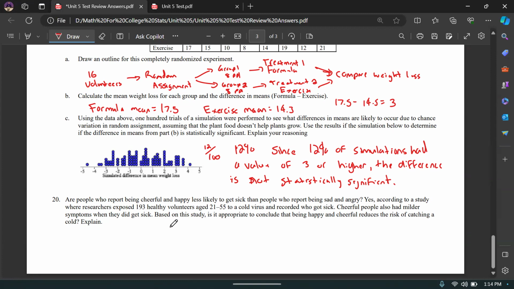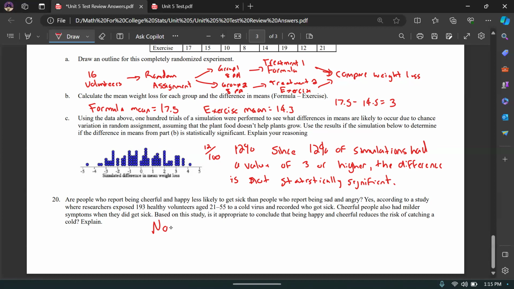Well, no. And the reason why is because this is more of an observational study than an experiment. And when you have that, these individuals are not randomly assigned. You can't have a causal relationship.